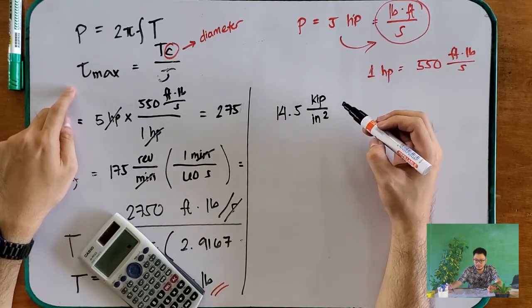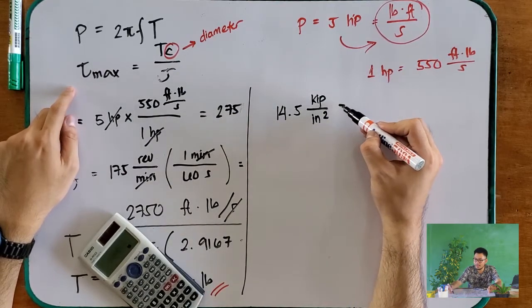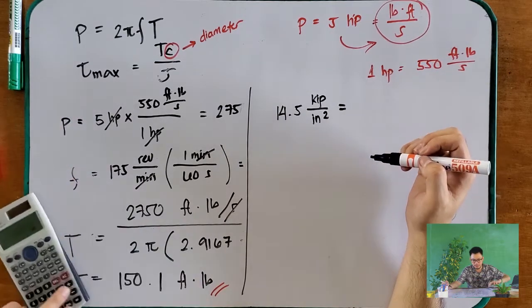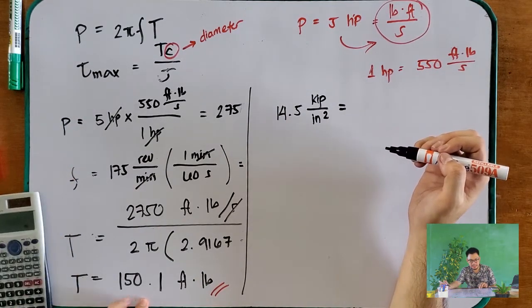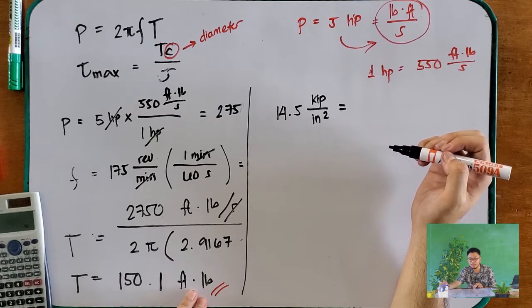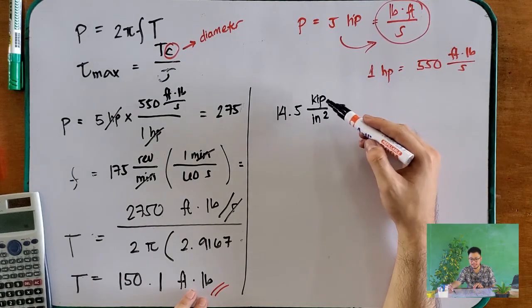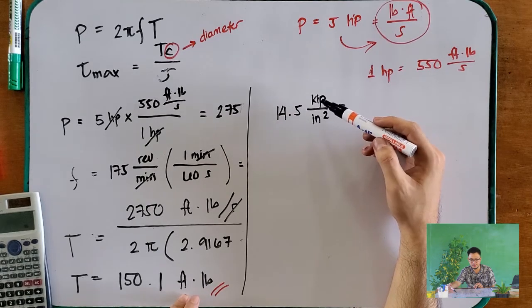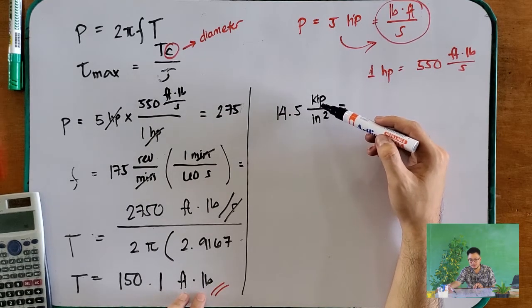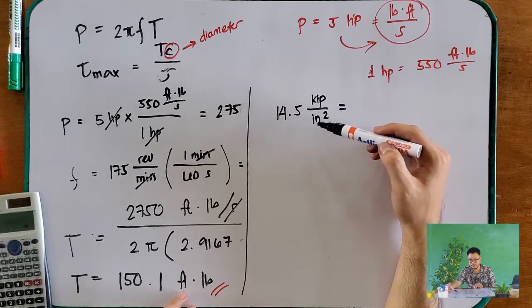Okay? Take note. And that is equal to the torque, which is 150.1 foot-pound. But what is given here is kilopounds per square inch. So we have to convert pounds into kilopounds and foot into inch.